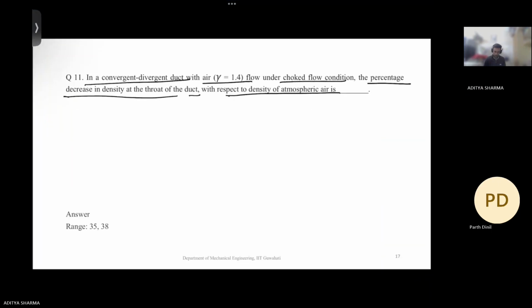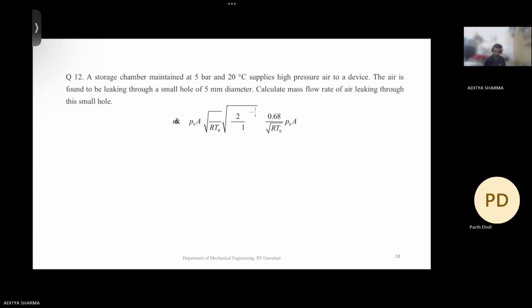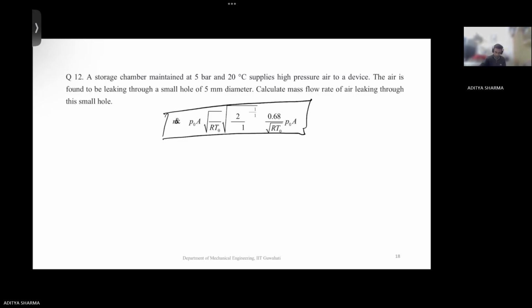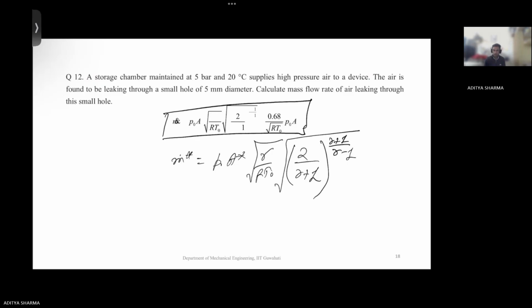Then let's see the next question. Oh, so this has not come out correctly. So it is basically this.